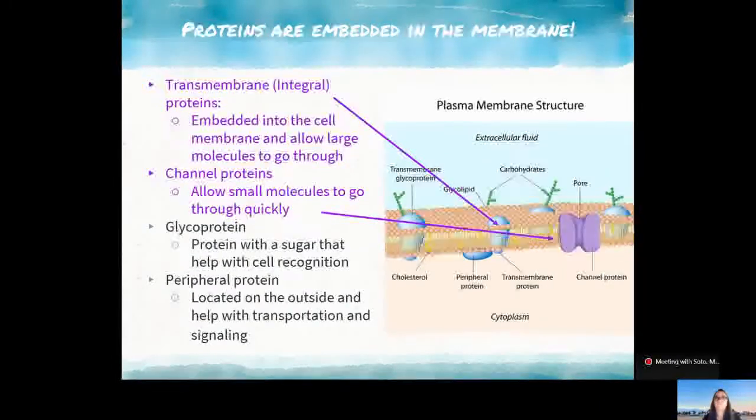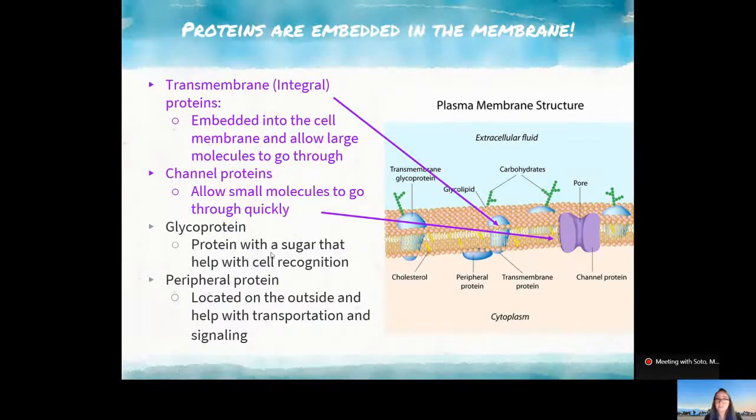Those are the ones that are going to allow the smaller molecules to go through quickly. Sometimes they have kind of a dent in between in the drawing that's labeled as a pore, as you can tell here. So these are channel proteins that allow those smaller molecules to go through.